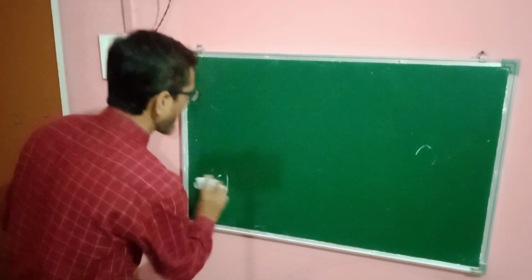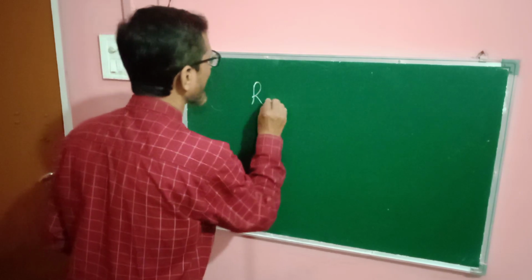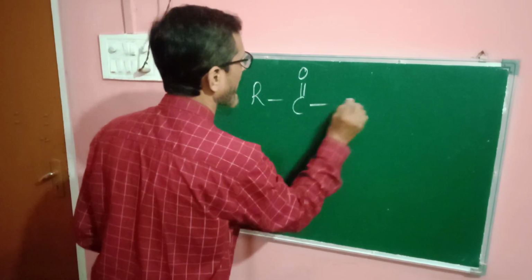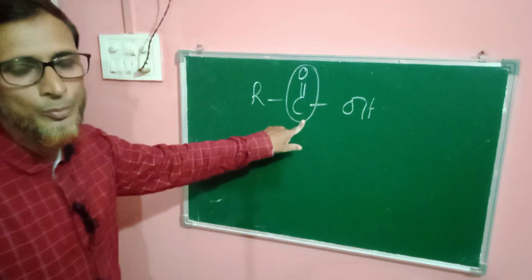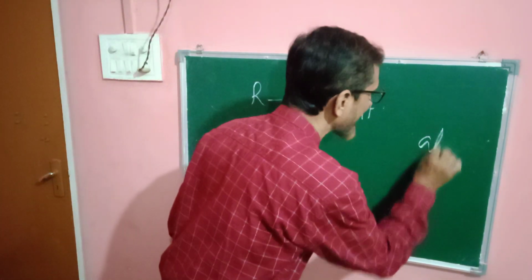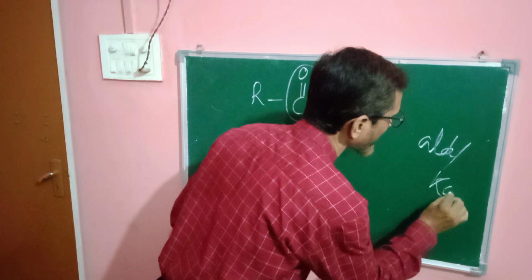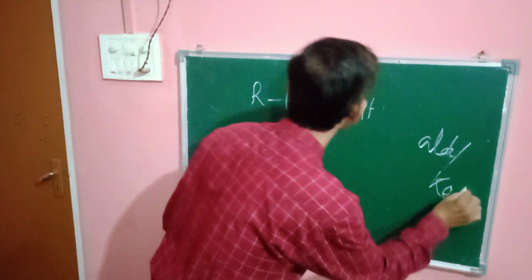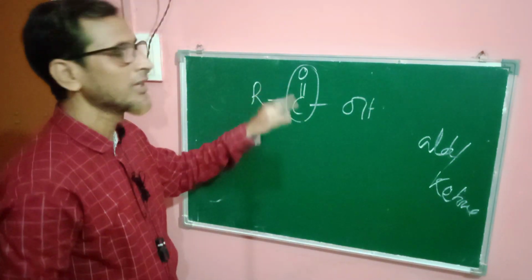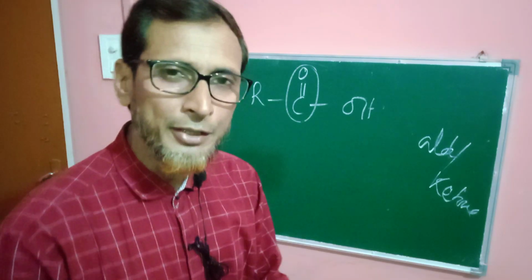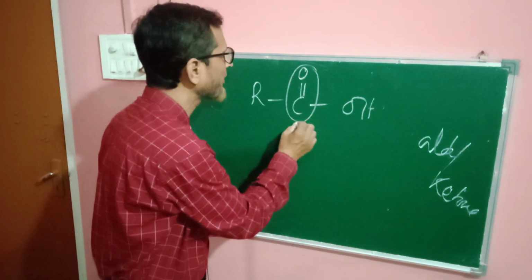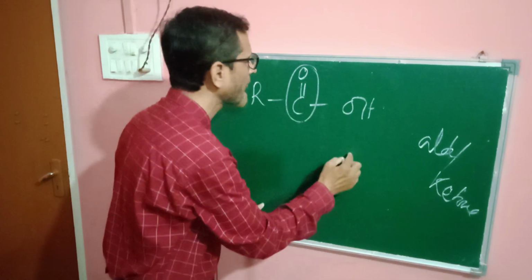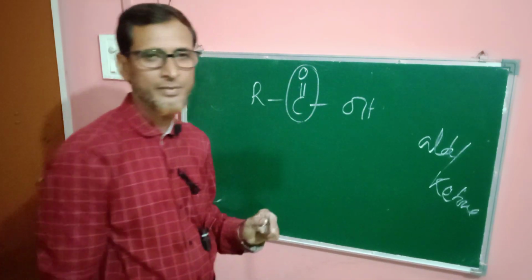So I gave asterisk marks to one point, RC double bond OH. When I talk about this, this carbonyl group is not the same as in aldehyde or ketone. Mind that. In aldehyde and ketone, we have seen, I will explain it later on, nucleophilic addition type of reaction: this bond is withdrawn, this becomes plus, this becomes minus, and the nucleophile attacks here and adds up.